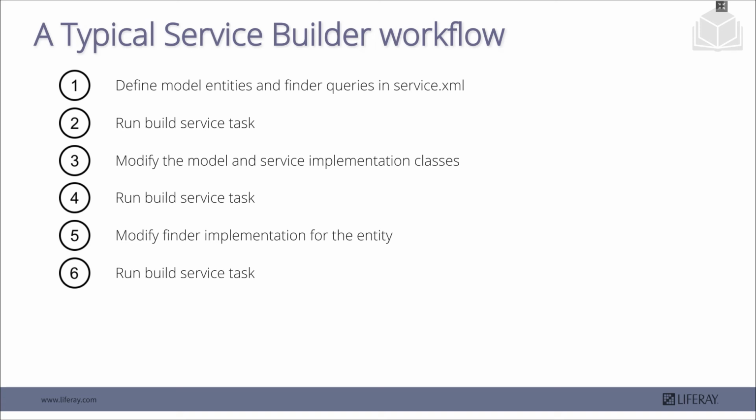Once we run Service Builder, it'll give us the implementation class that we need, and then we will make any modifications to the implementation. Once we make modifications to the implementation, we rerun Service Builder. Once we rerun Service Builder, we can do additional tweaking, and any tweaking that we do, we always want to run Service Builder again to pick up those changes.